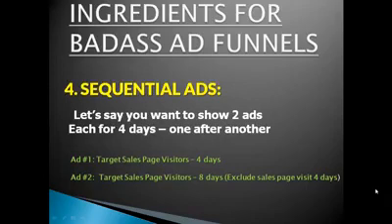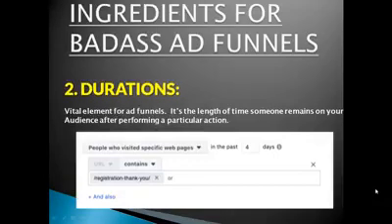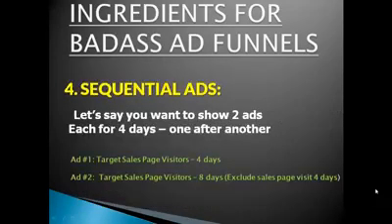Now you want to show a different ad for the first 4 days to a unique audience that visited that page in the last 4 days, and you want to send the next ad to a dynamically improved audience, a new audience that visited that page or triggered your action in the last 4 days.